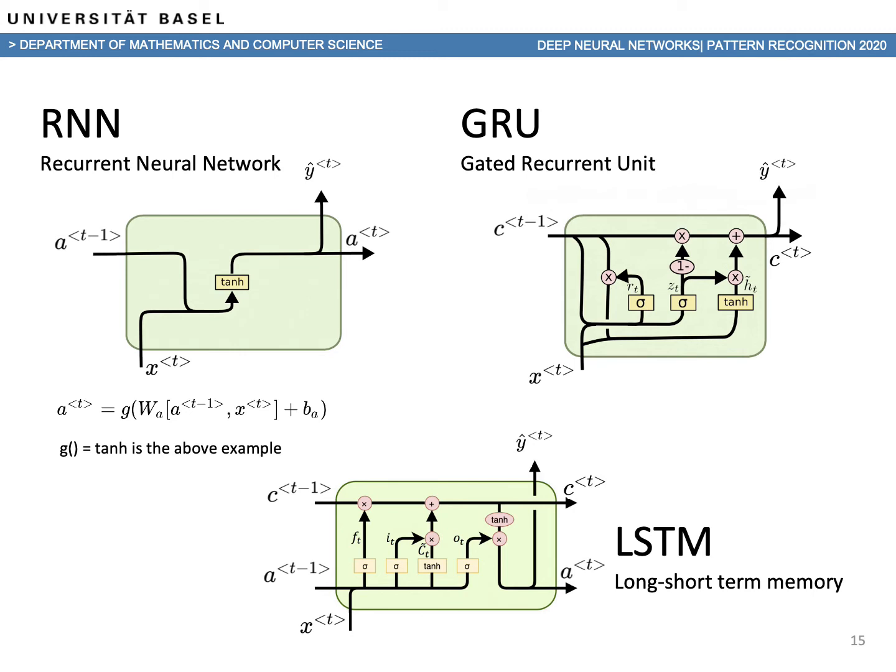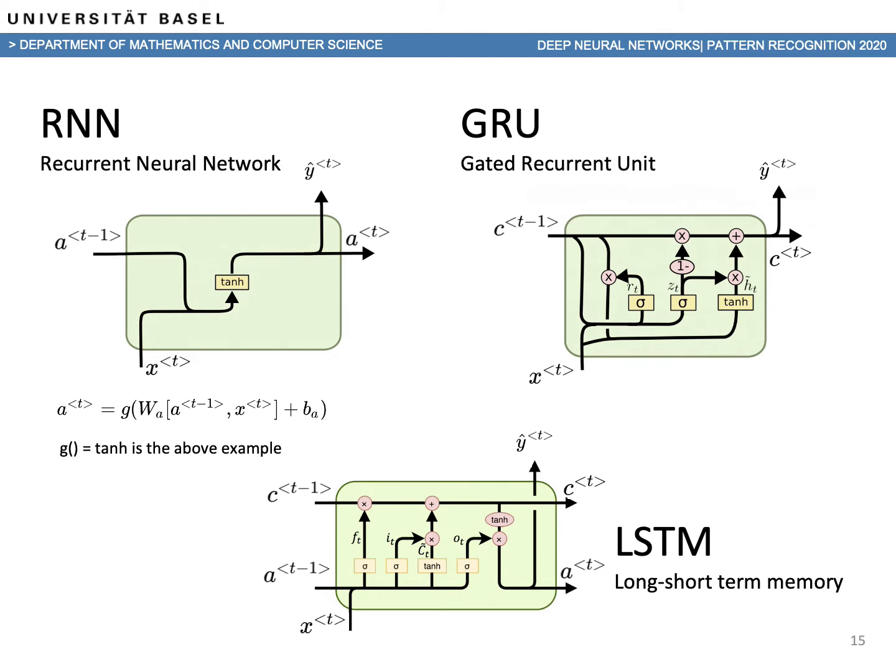So as you see, instead of having just this simple activation function in your network, you would use one of these cells instead, with these kind of gates, as they're called, which can open and close to remember some long-term dependencies.